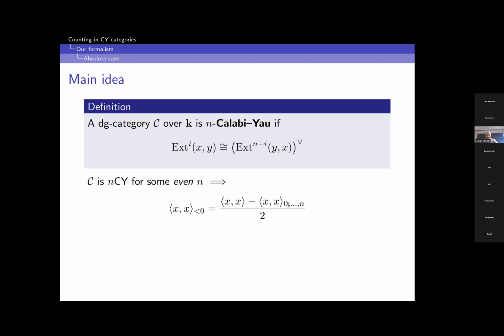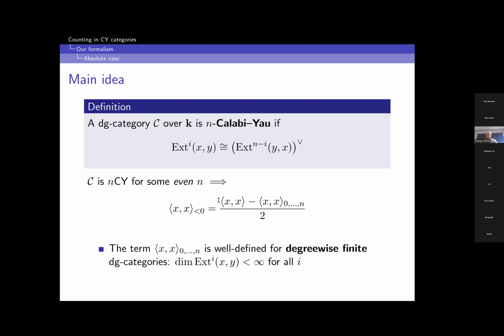This looks kind of promising. The term here looks good because it is now defined for more general categories, which do not necessarily have only finitely many degrees of Ext. But the first term is still somehow an issue.